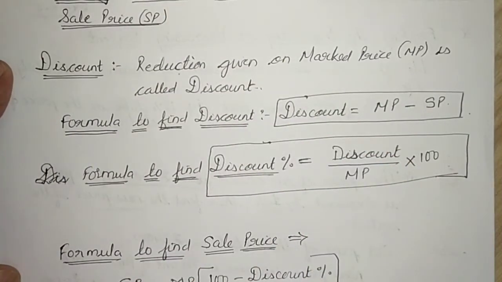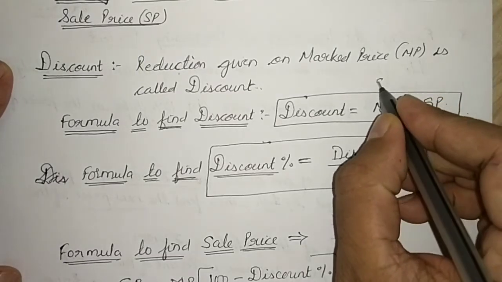Suppose I went to buy some article and it is priced at 500 rupees. The marked price, the price on that product, is 500 rupees. And they have reduced some amount. Let's say they have given 50 rupees off from that price. So 50 is my discount.